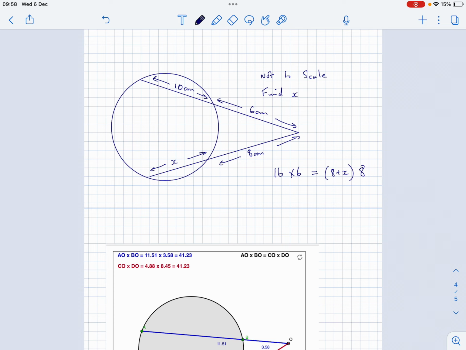Okay, so I'm not going to expand the bracket because I can notice that if I do 16 times by 6, I get 96. And that is a multiple of 8. So if I divide by 8, I end up with this. And then I can subtract 8 and I've found that missing value.